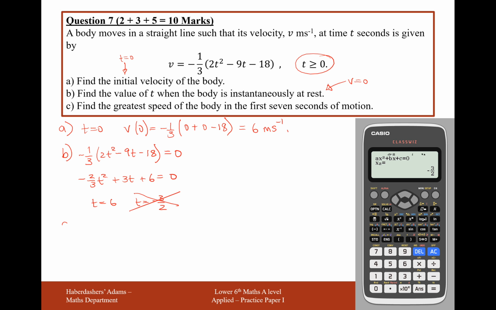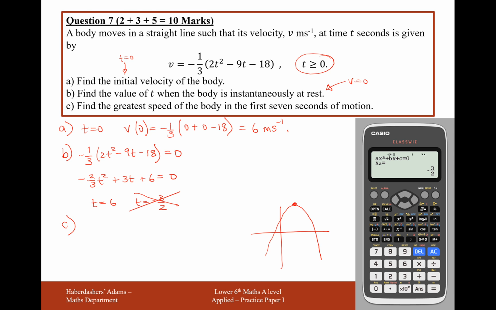Okay, part C: find the greatest speed of the body in the first 7 seconds of motion. What we can do here is carry on pressing the equals button and sneakily complete the square of this velocity curve, because remember, if we complete the square, it's going to be a negative t squared graph.